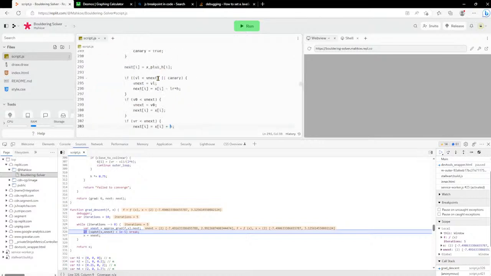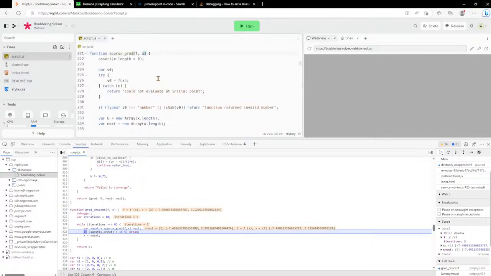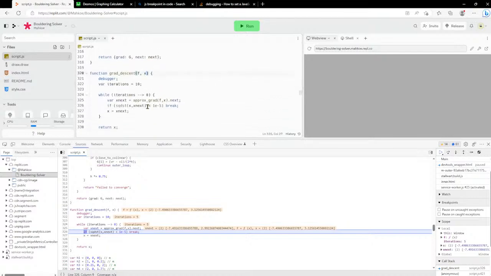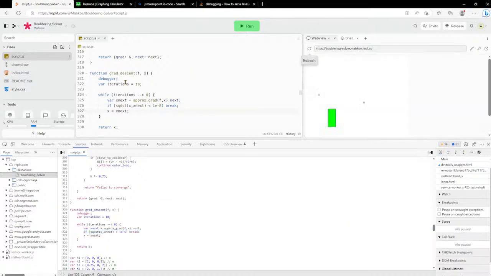Well, another idea though is we could make this a tighter tolerance. Just see what happens if we do that. You know, let's make this 16.